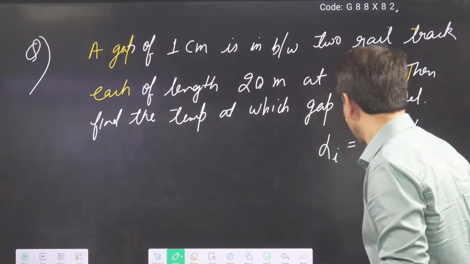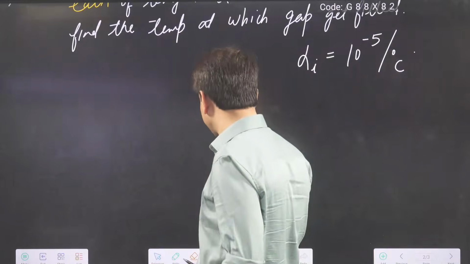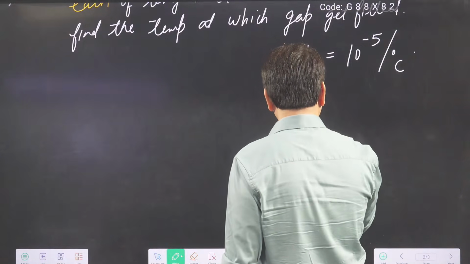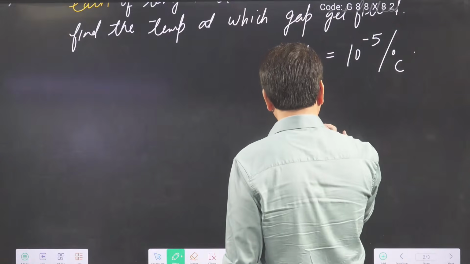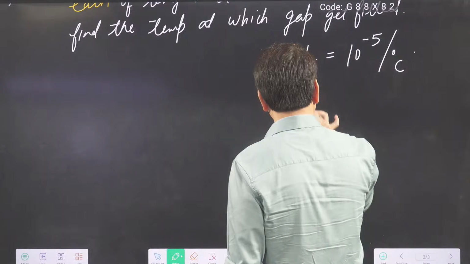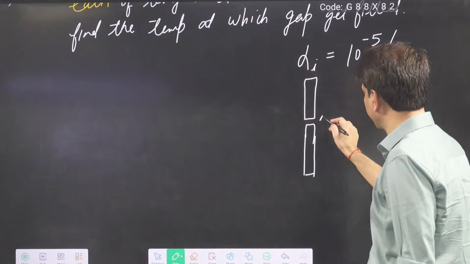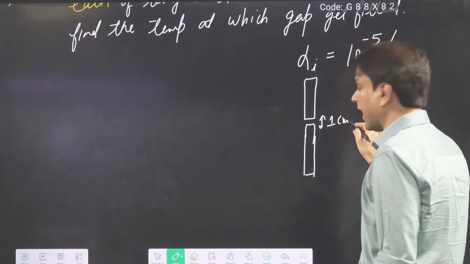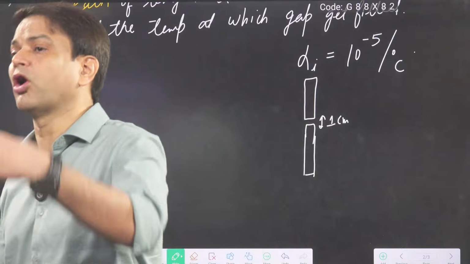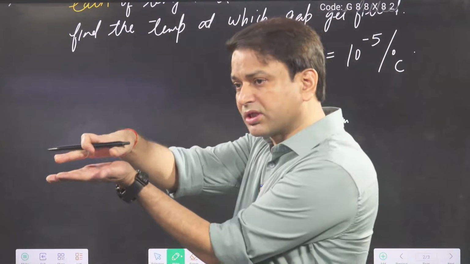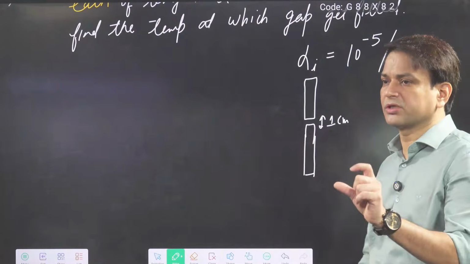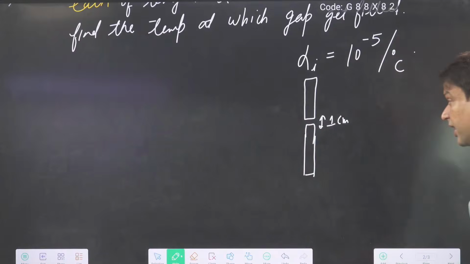Okay, so here at 10 degree C, what is the gap I gave? Like this is the railway track, and the gap between them is 1 centimeter at 10 degree C. Now I am asking at what temperature the gap will get filled, meaning both tracks will touch each other. Tell fast what you will do.